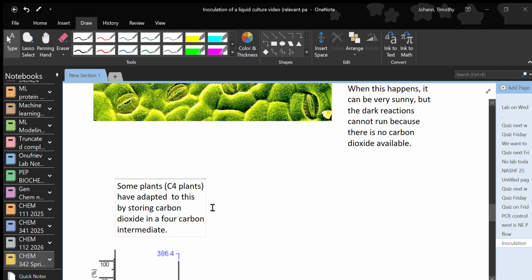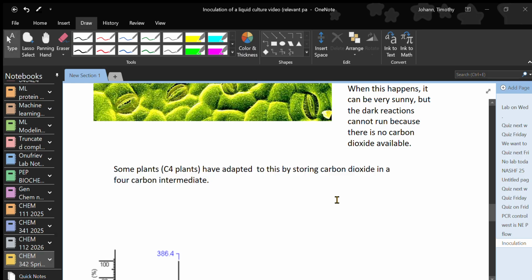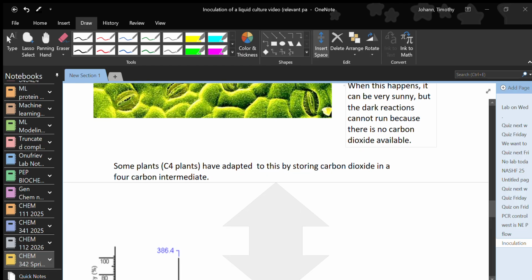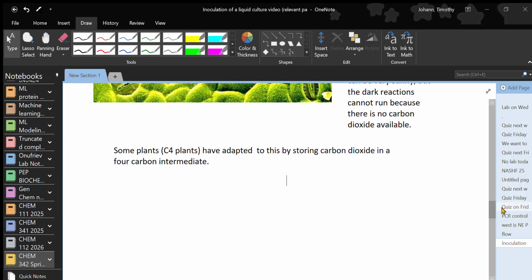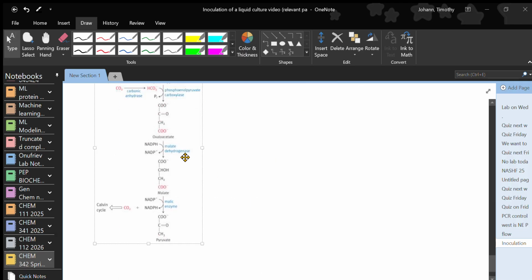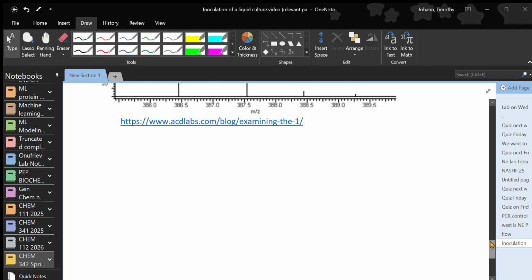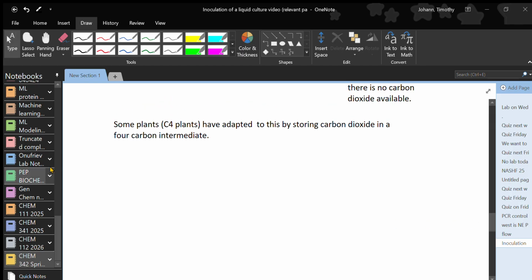So we have a separate cycle that we'll talk about. Let's talk about it now, and then we'll talk about a fun way we use it as humans. So what does that look like? You won't need to know this pathway in detail. You need to know the general bits about why plants do this.